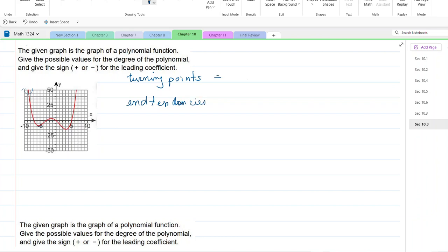All right. Well, the turning points are 1, 2, 3. So we have at least a degree 4. It is positive because the end tendencies are both positive infinity. So we know it's even and it is a positive. Okay, the possible value. So we can say it is at minimum a 4, a 6, an 8.